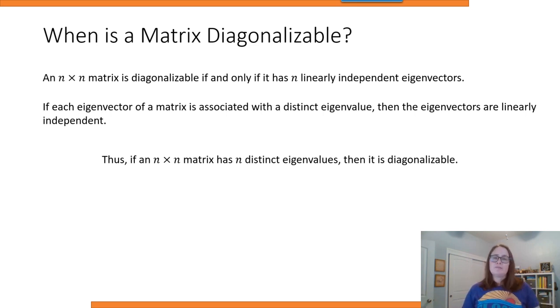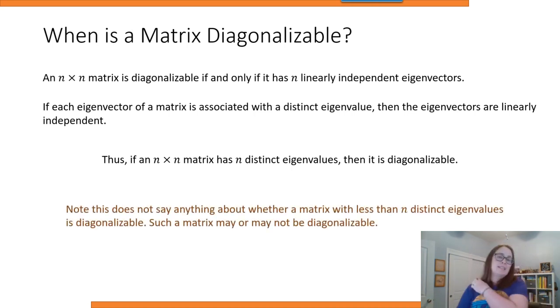I can say if we have an n by n matrix and there's n distinct, so different, eigenvalues, then it's going to be diagonalizable because the eigenvectors associated with each one will be linearly independent. Now notice this doesn't say anything about a case where we have less than n distinct eigenvalues. It only tells me if there are that many that it is diagonalizable.